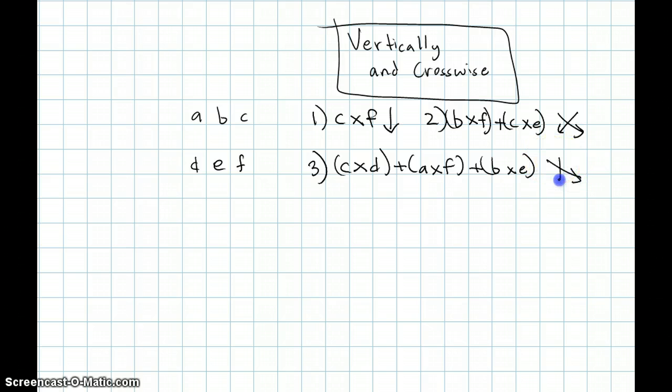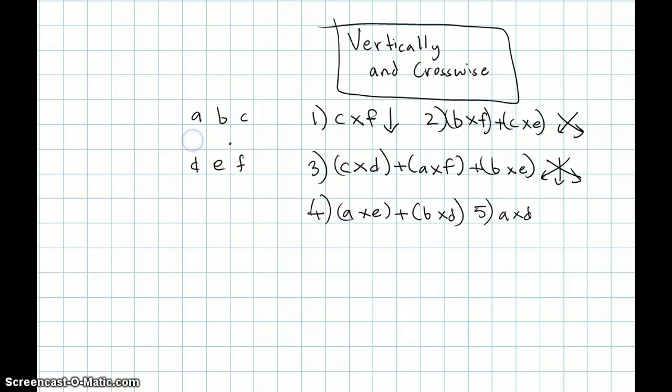So something like this. Fourth step will involve us multiplying A times E, then adding it to B times D. And the last step is, of course, A times D. As you can see, we work from left to right.